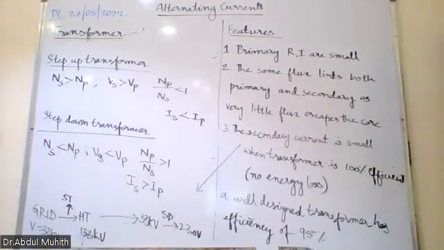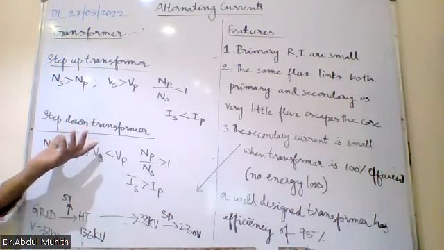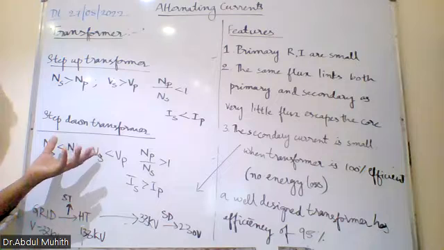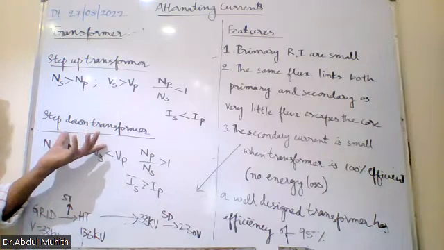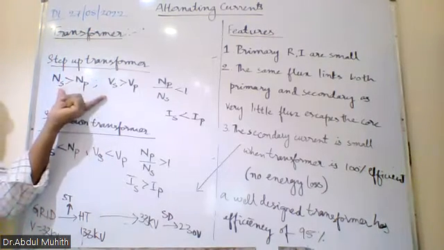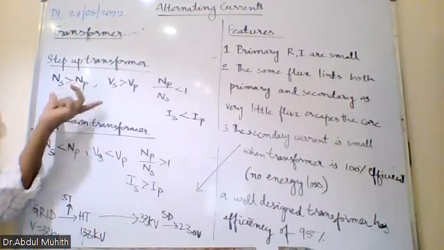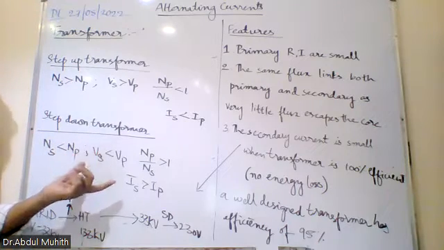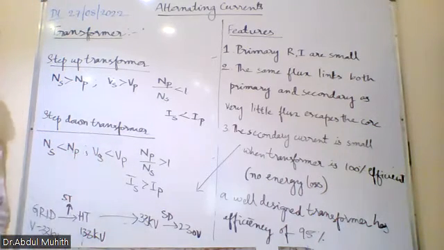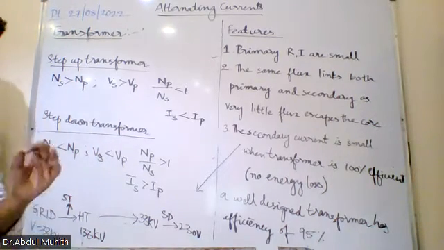Such a transformer is known as a step down transformer. We use step down transformers in the substations, and step up transformers at the grid, to bring down the voltage. Keep this in mind.